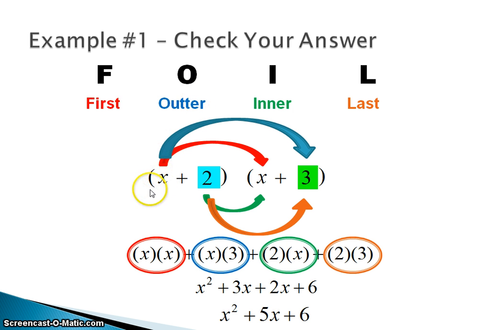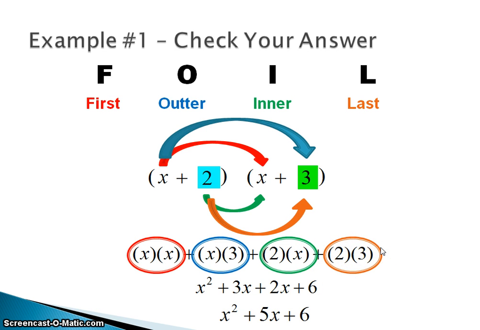You take the first x term and you multiply it by the first x term in the second expression. So we end up with x times x. And then we do the outer term, x times 3. Then we do the inner terms, 2 times x. And the last term, 2 times 3.